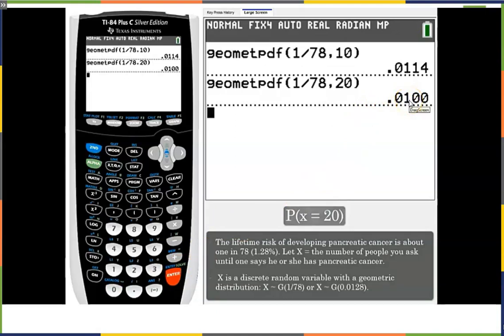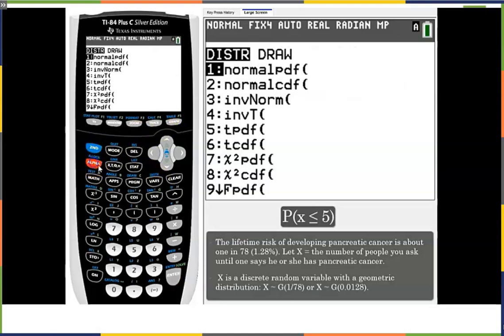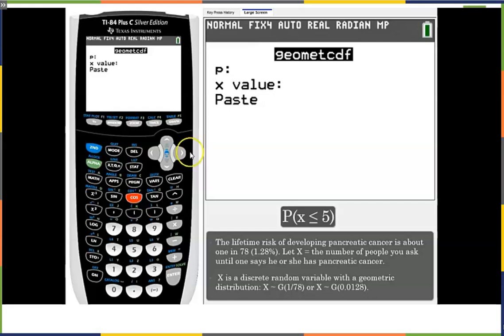What if I want to say, what's the probability that it will take me at most 5 people? Now if it says at most, I need to use CDF. So 2nd VARS alpha F will get me to geometric CDF. My probability is exactly the same.